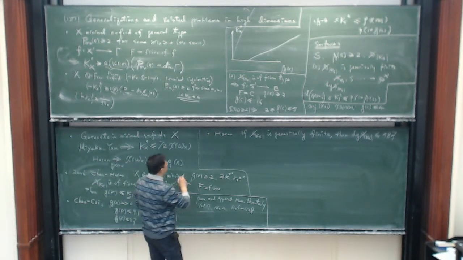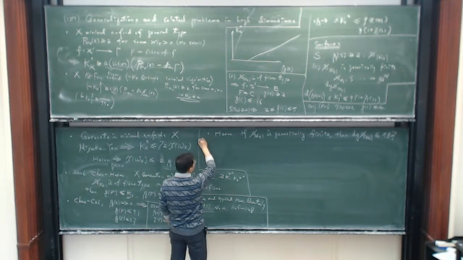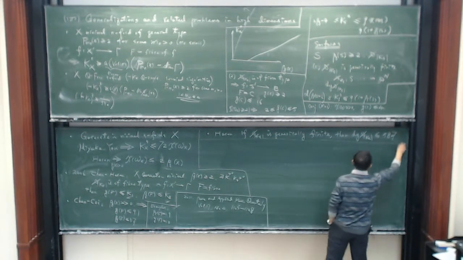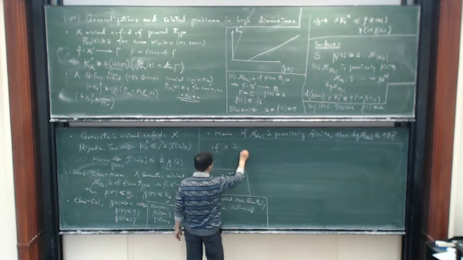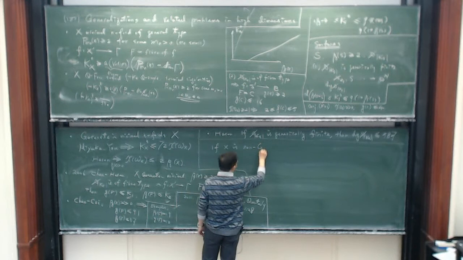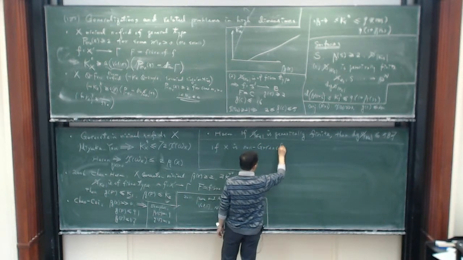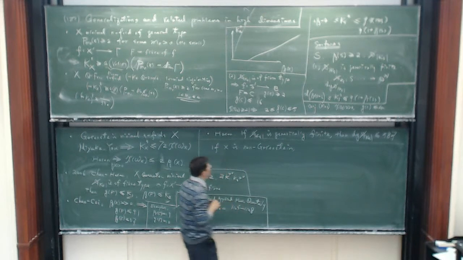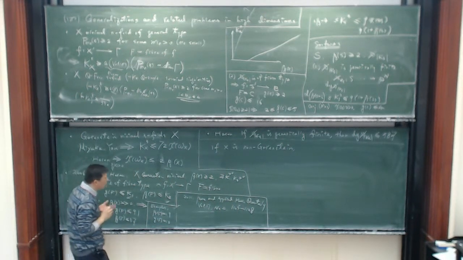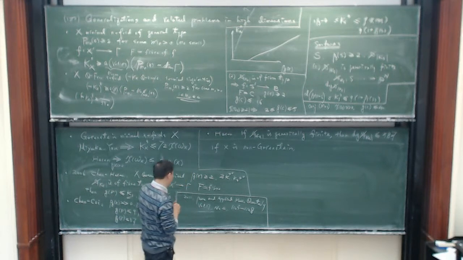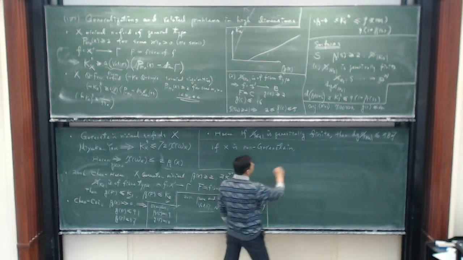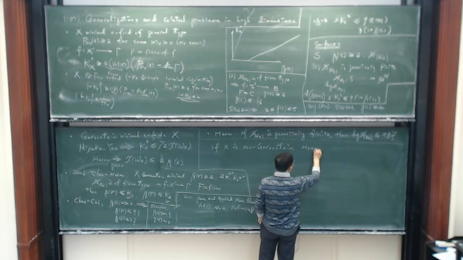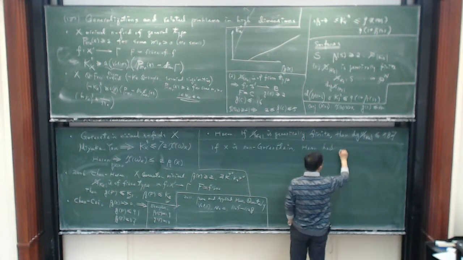In the general case, if X is non-Gorenstein, then what happens? So in the threefold case, actually Hacon constructed examples.